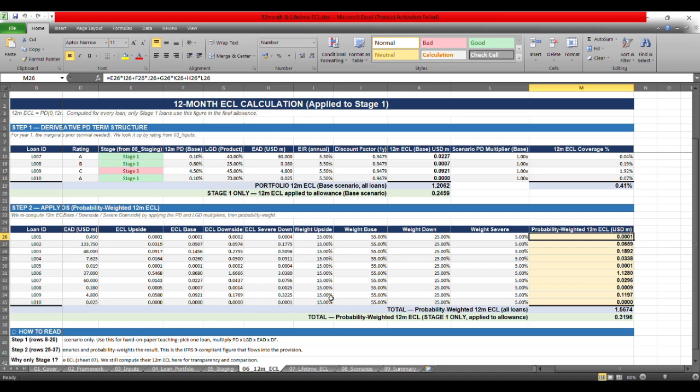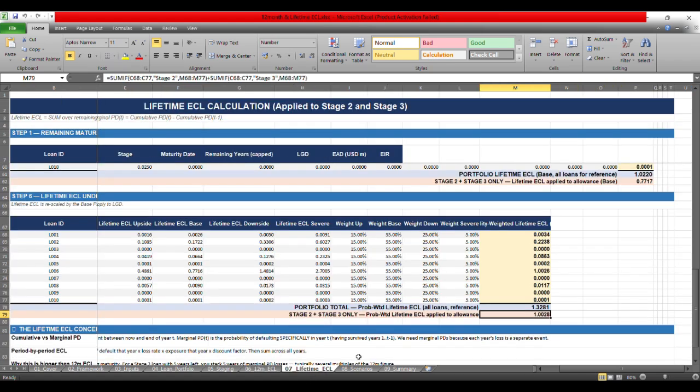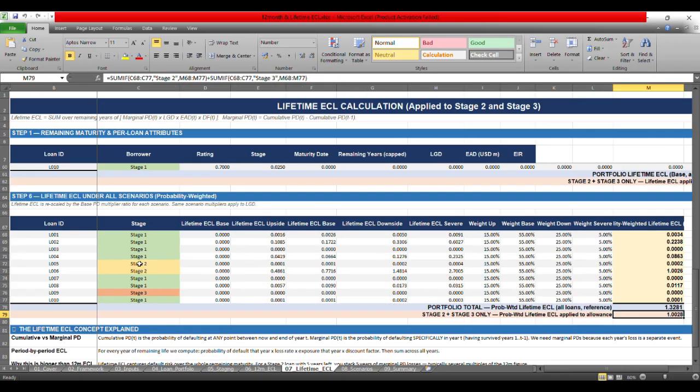Once the loan is moving to severe stages, stage 2 and stage 3, the provision, the ECL is already jumping at a very high speed. So stage 2 and stage 3 have only 3 loans out of 10. If you remember, the 3 loans out of 10. And if you see the row number 72 and 73, yes, 72, you will see that 72 and 73.